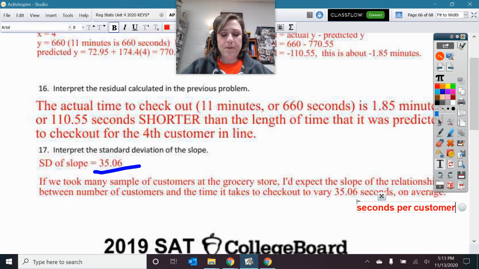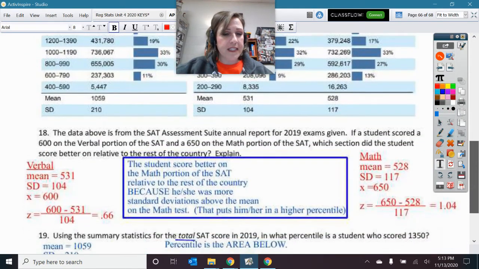So if we sampled many times, I'd expect that slope between the number of customers and the time it takes to check out to vary about 35.06 seconds per customer on average. Okay, I'm going to go and fix that.